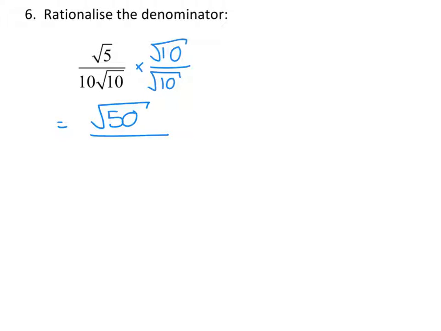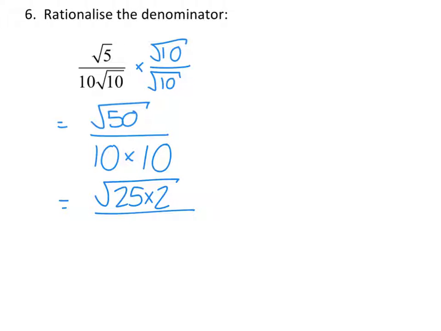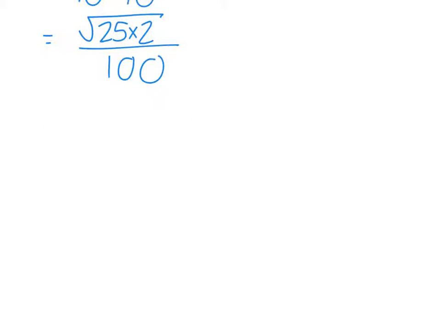And on the bottom we have 10, first of all, and we're going to multiply that by root 10 times another root 10, which simply gives us 10. So we now have root 50 over 10 times 10, so that's 25 times 2, if we're going to simplify that. And then 10 times 10 is 100. Let's move that up a bit to give us more space. Splitting the root on the top into separate roots, root 25 and root 2 over 100.